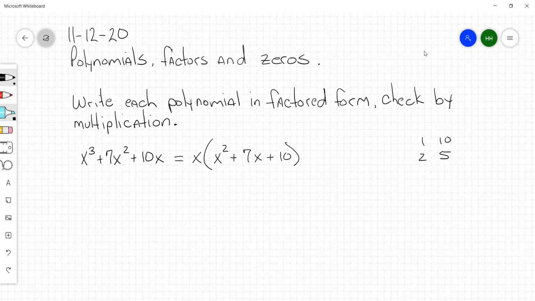So the only factors you can use are these two. So this factors to x times x plus 2 times x plus 5. All right, and there's your polynomial in factored form.